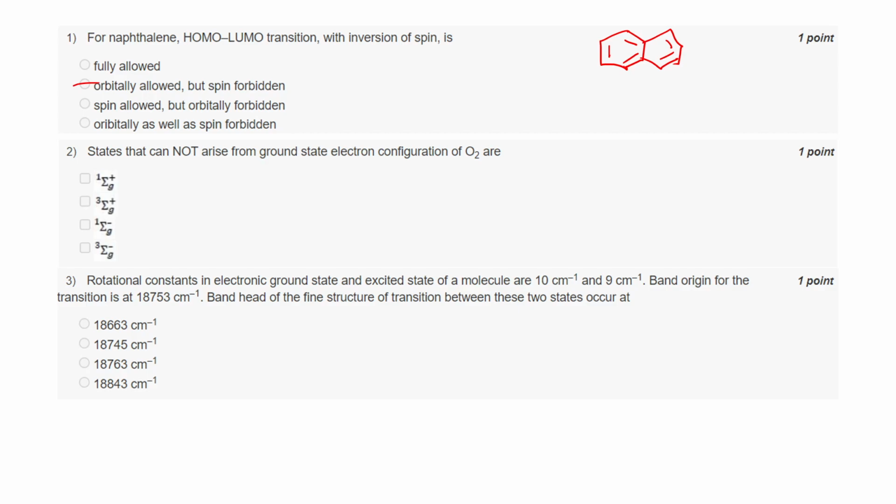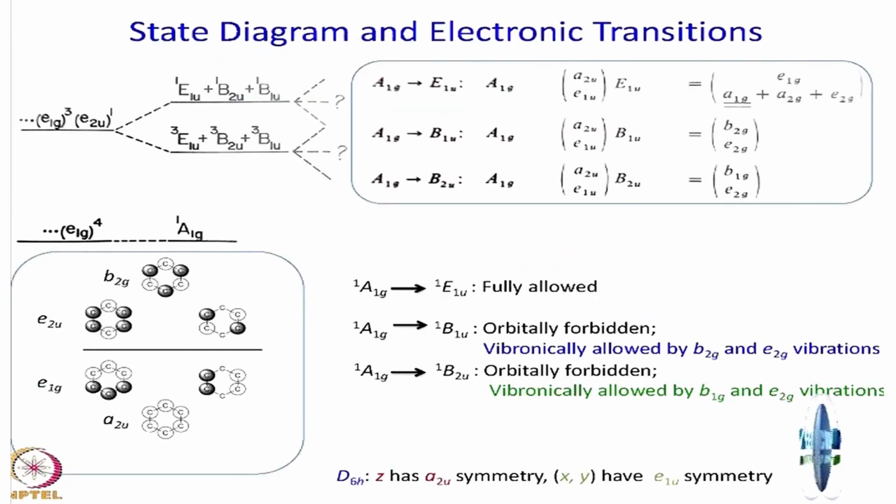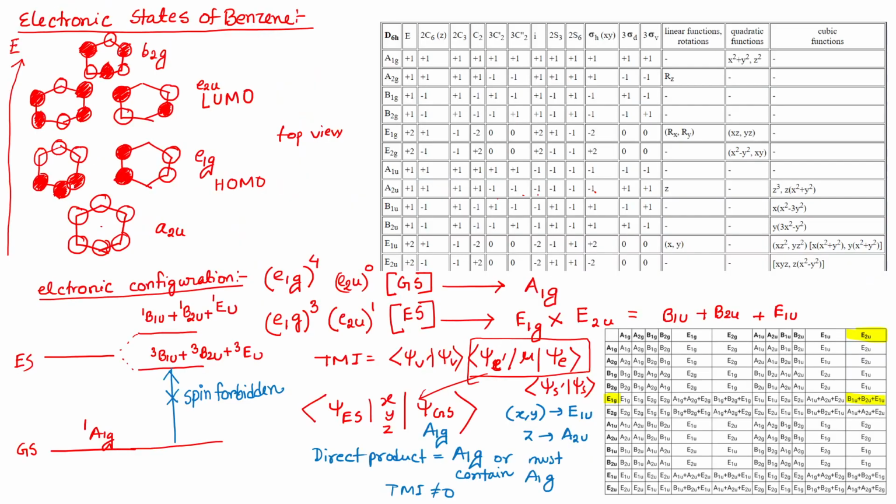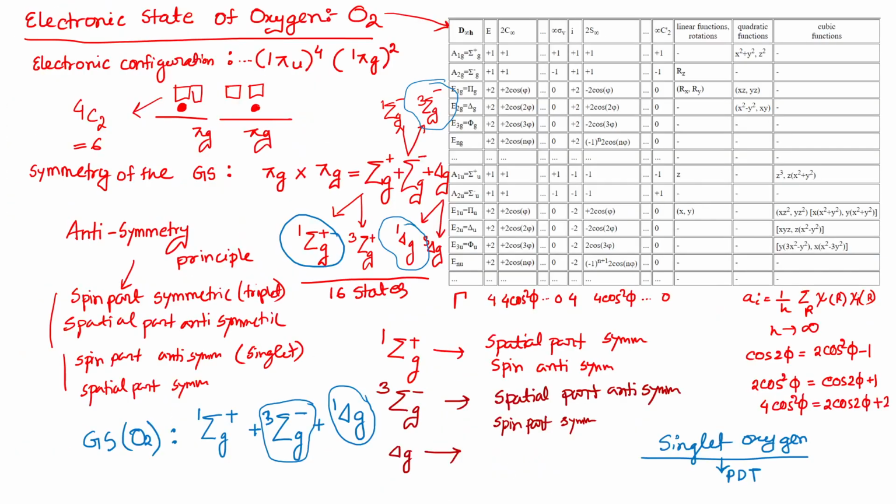What about the second question? The states that cannot arise from the ground state electron configuration of O2, that also we have discussed in this part. Here, in O2, only singlet sigma g plus is allowed, triplet sigma g minus is allowed, and singlet delta g is allowed.